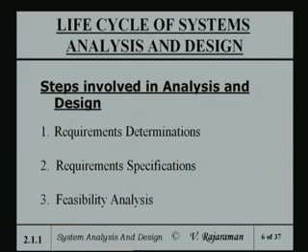What is meant by requirement determination is that when a company wants to have an information system to improve their operations, there could be 2 types of situations one may encounter.